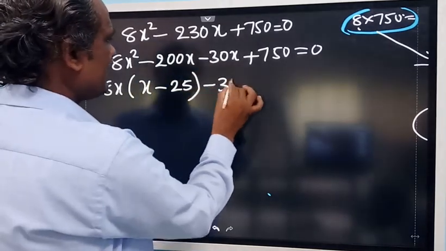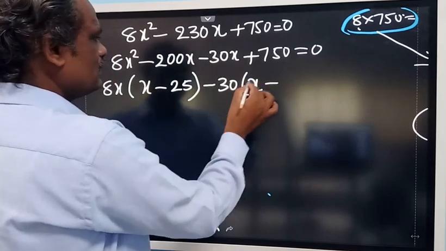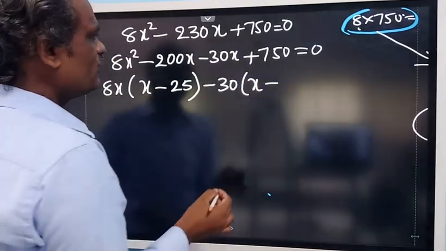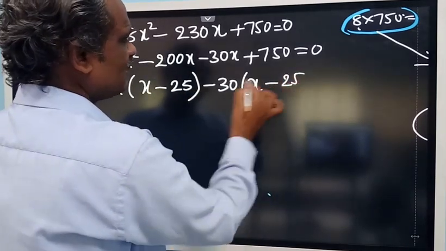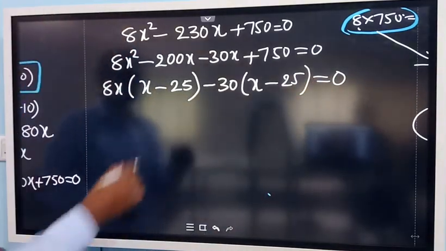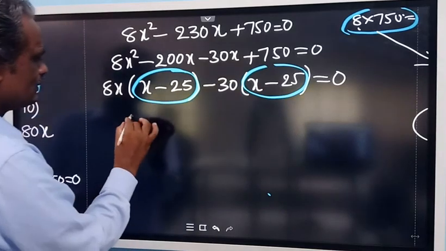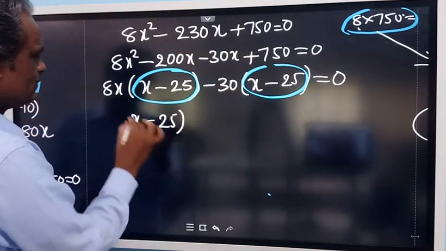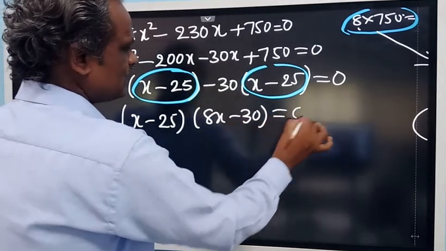Here minus 30 common means x minus 25, 30 into 25. So x minus 25 is equal to 0. Now again we have x minus 25 common: x minus 25 into 8x minus 30 is equal to 0.